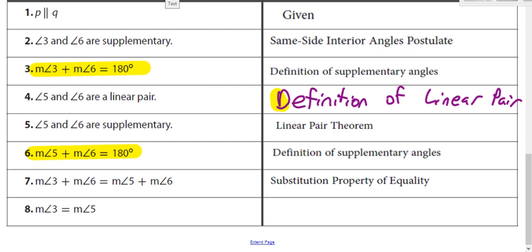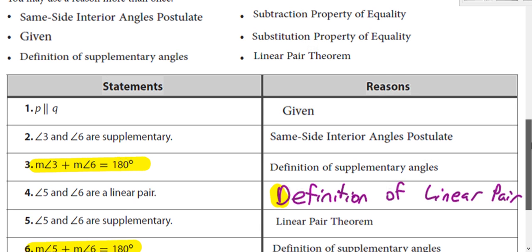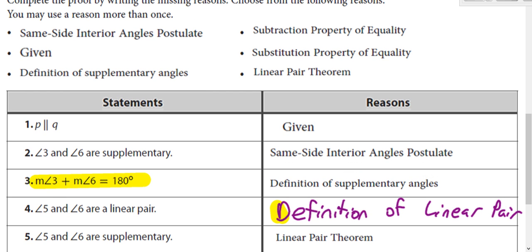So we have this equation here, and measure of angle 6 is on both sides. When you have an equation and the same thing is on both sides, you could subtract it away, and we'd be left with angle 3 and angle 5. When you subtract away the measure of angle 6 from both sides, that's called the subtraction property.